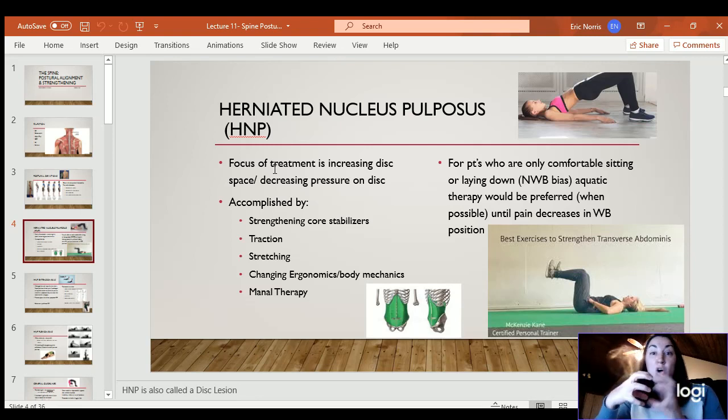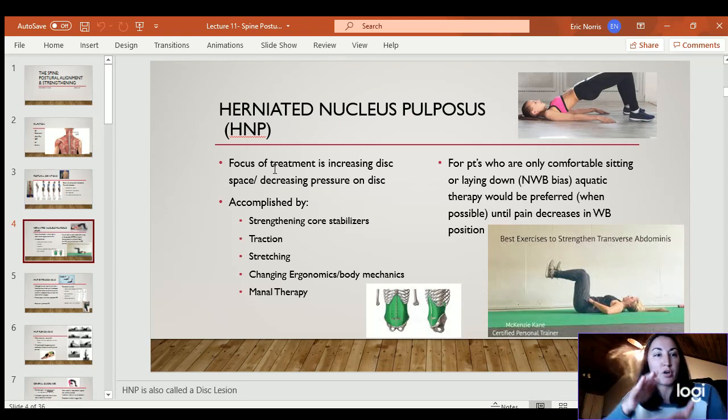If it's still all contained within the donut, within the disc itself, then you can repetitively push on one side and level it out. The issue becomes once it actually herniates, once it tears through the outer portion of the disc. So in our jelly donut, it would be the donut itself, and the jelly comes out of the donut.